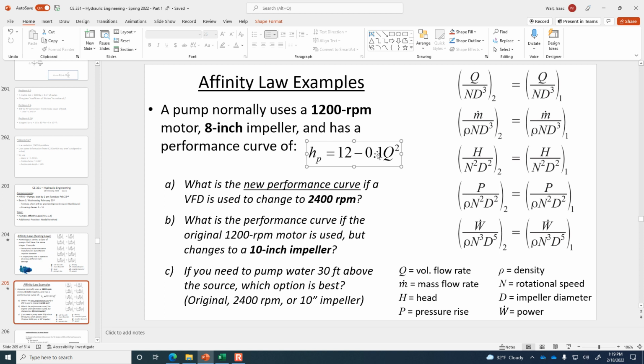So follow the same kind of process where you relate Q1 and Q2, and you relate N1 and N2 for the pump head. The rotational rate's the same. Let me pause here for a second and give you a chance to start on these calculations. I'm going to circulate around with the solution, and then we'll take a look at it together.